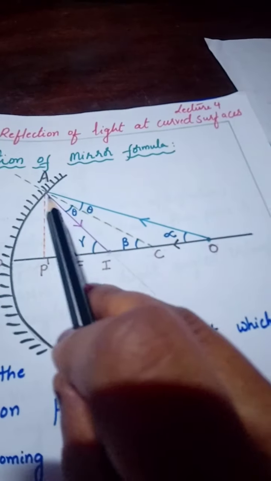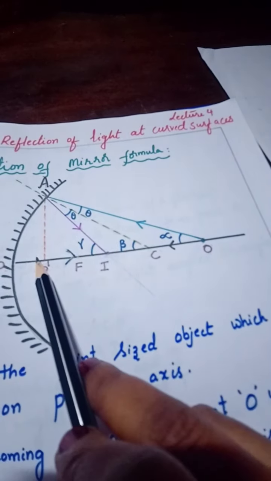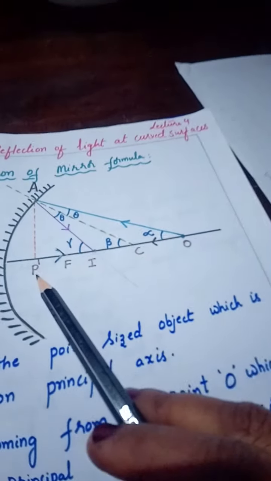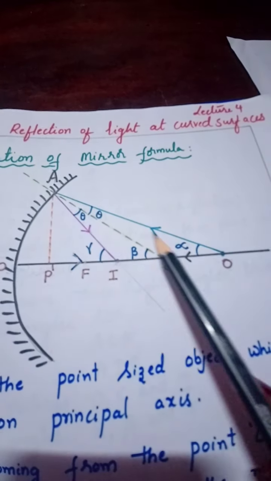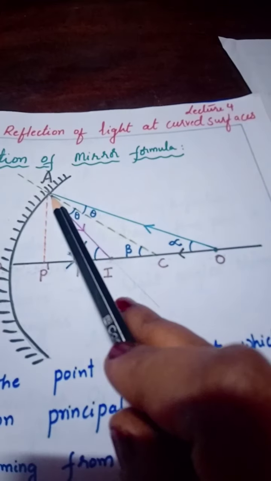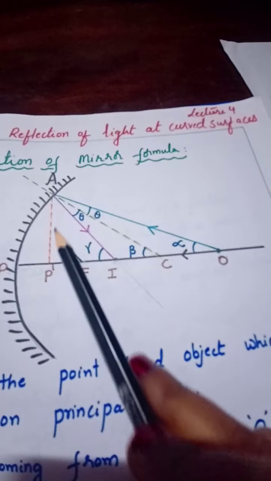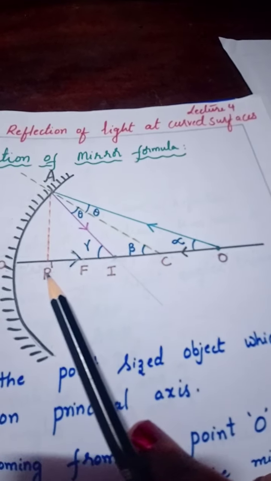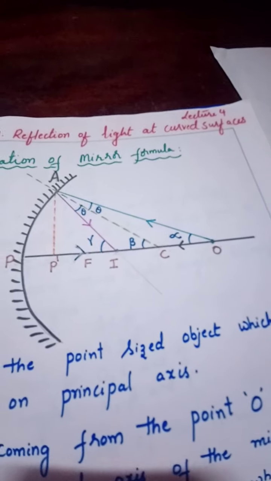Next one AIP dash. Very easy. AP dash is perpendicular. You take AOP dash, the big triangle, and the next smaller triangle ACP dash, then the next triangle AIP dash. These are the three triangles we are considering to derive the mirror formula.